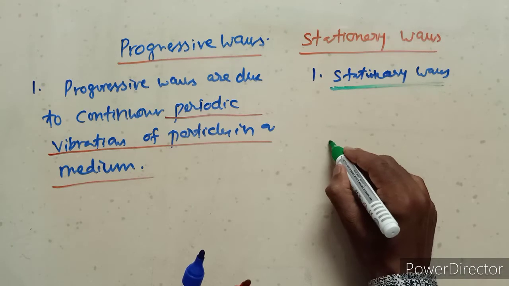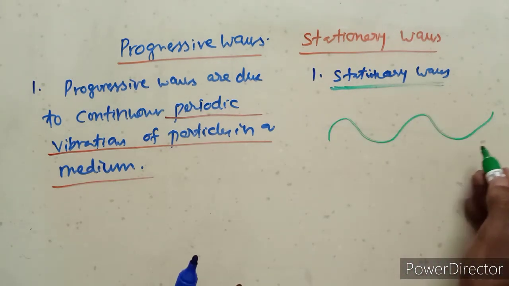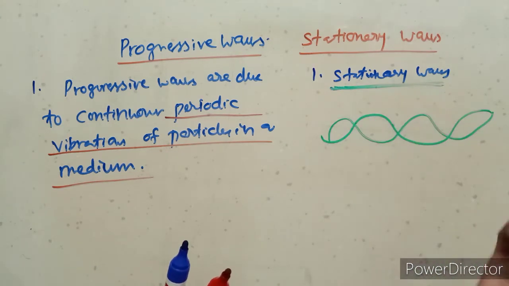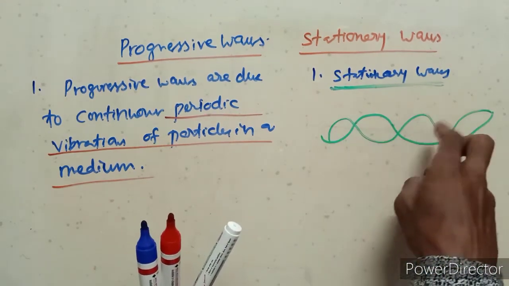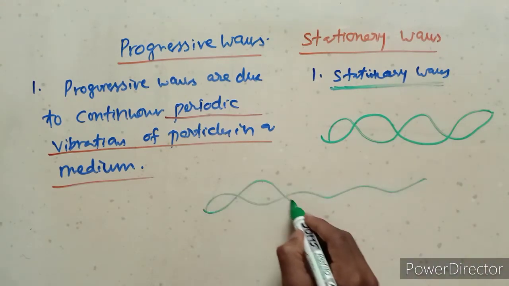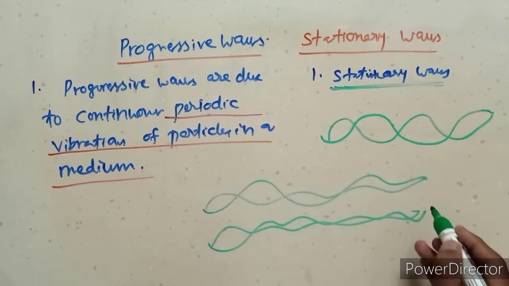Superposition means the combination of two waves, overlapped. This is one wave, another wave overlapped.